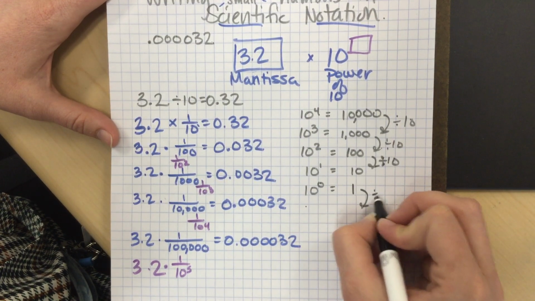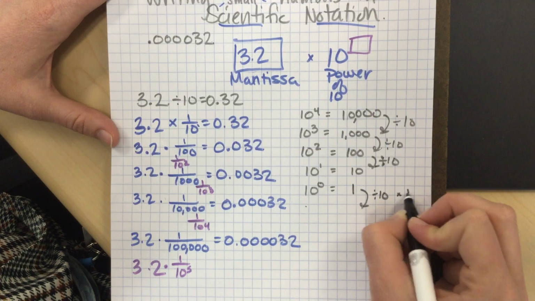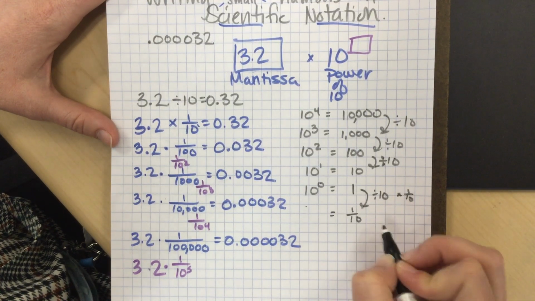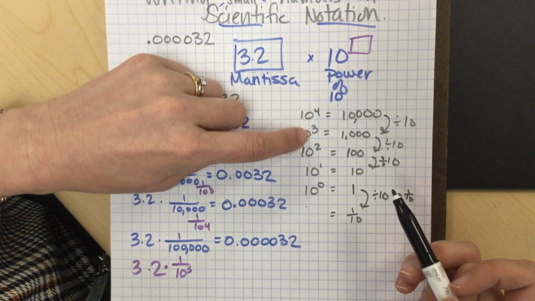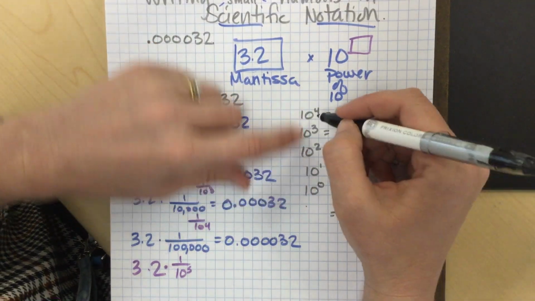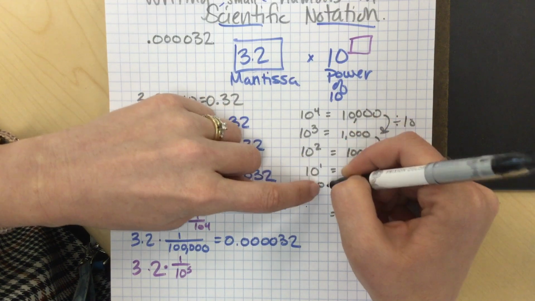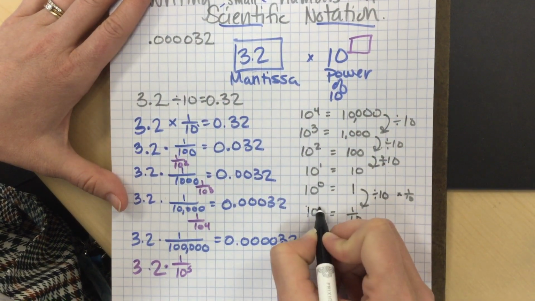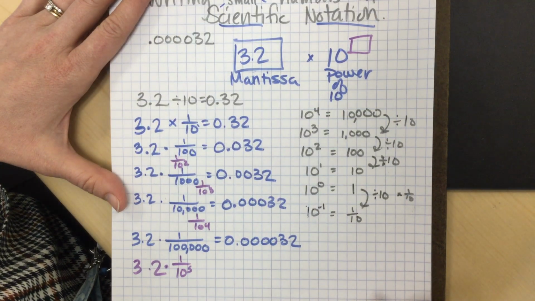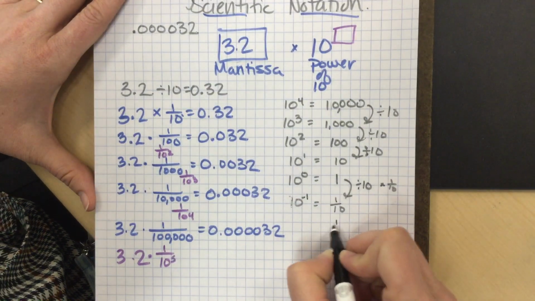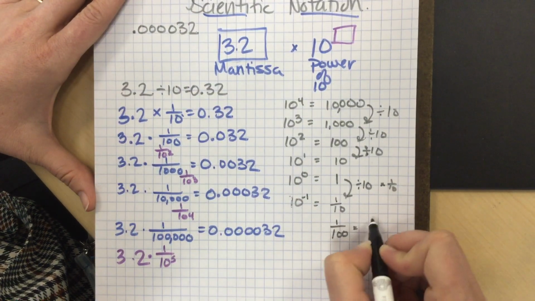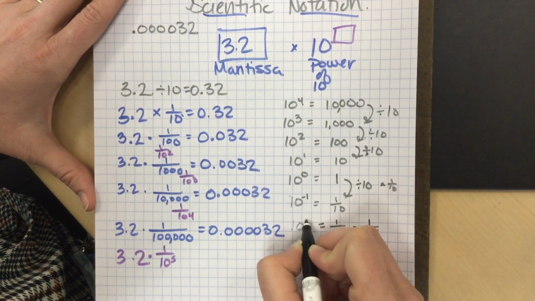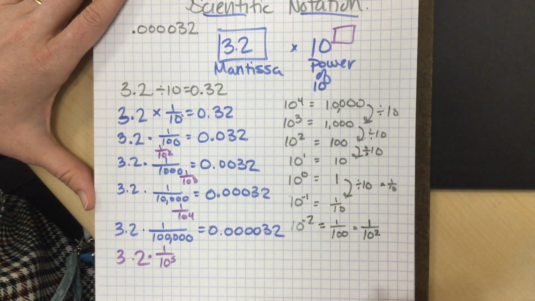What would happen if I divided this by 10 or multiplied this by 1/10? Well, I would get 1/10 here. If you look at the pattern, this exponent is continuing to decrease. So 1 over 10 is actually 10 to the negative 1 power. 1 over 100, which is the same as 1 over 10 to the second, is actually 10 to the negative 2nd power.